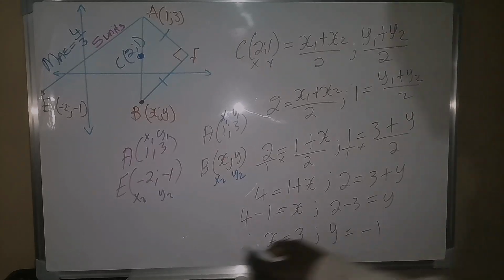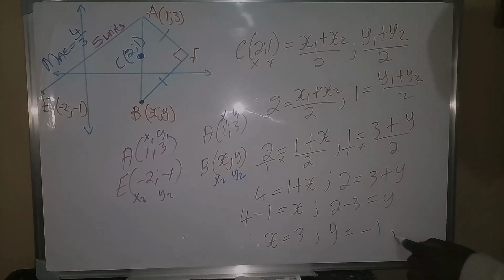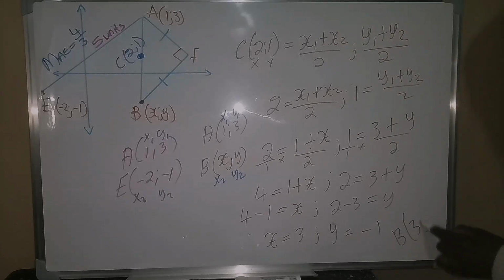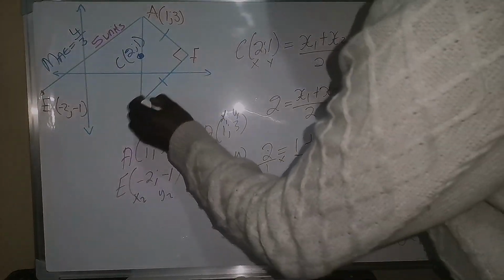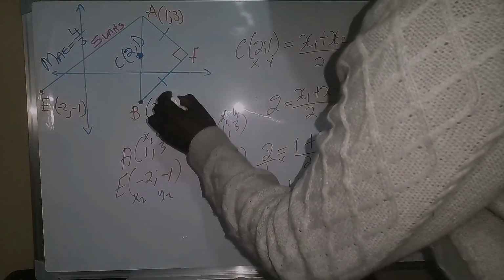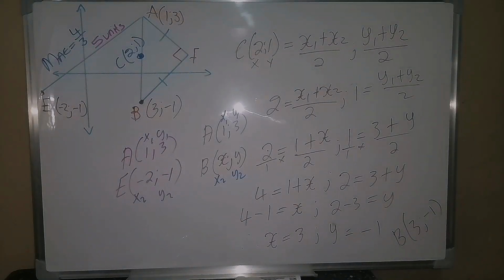Therefore, the coordinates of B are (3, -1). That's how you find the coordinates of any point with the coordinates of the midpoint given. I hope you clearly understand.